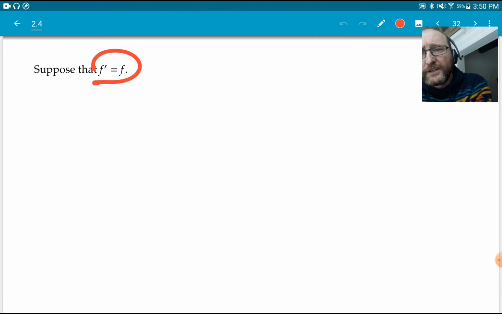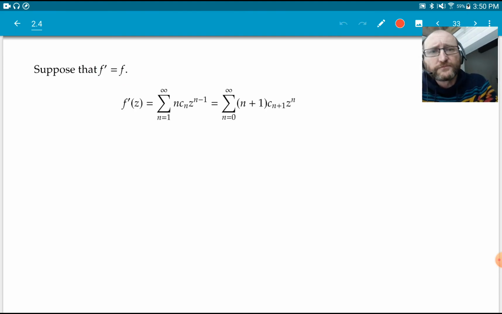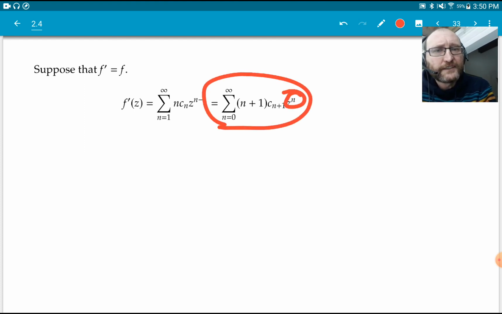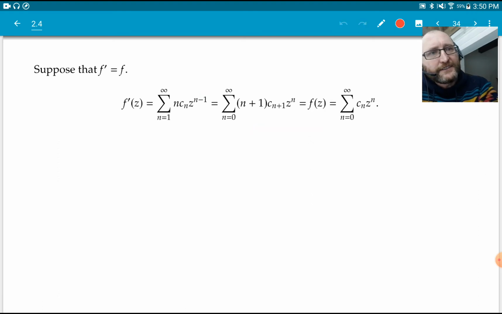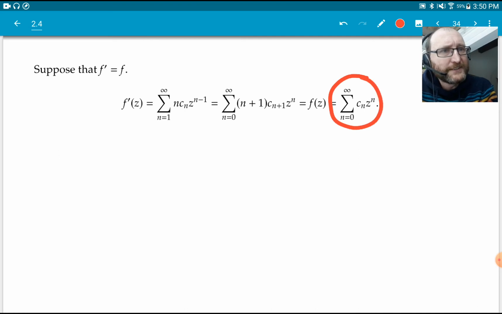Now, we know that f prime is supposed to be equal to f, right? So let's compute f prime. We know that we can differentiate term by term, and we reindex so that the power is n. It's just writing the same thing, right? Now, this series is supposed to be equal to f, which is this series over here, right?